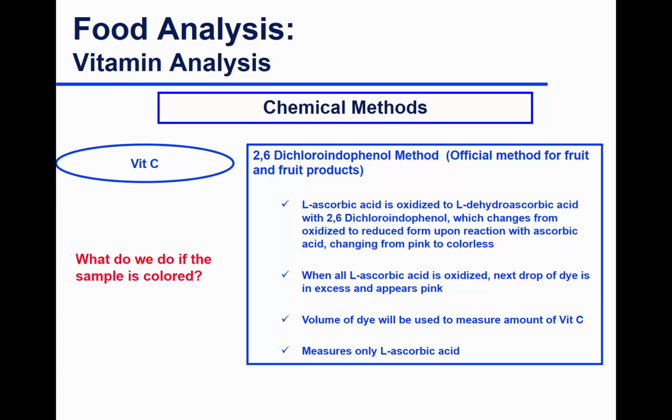Okay, so vitamin C, which we have analyzed in the lab in beverages or orange juices, is the dichloroendophenol method. It's an official method for fruit and fruit products. It's based on L-ascorbic acid, which is the reducing form.